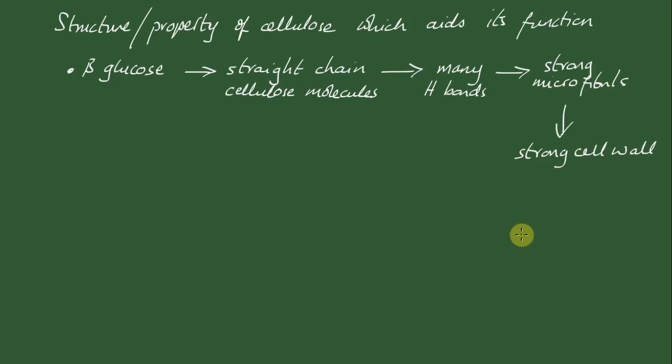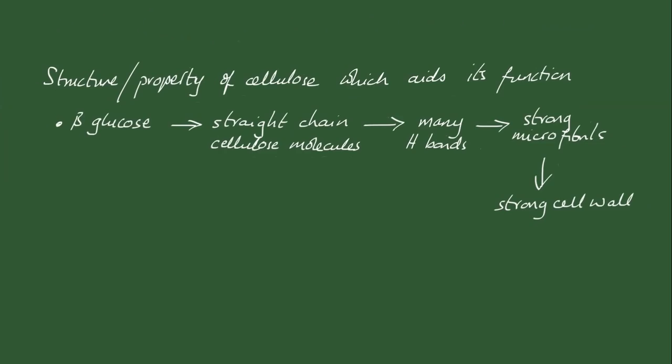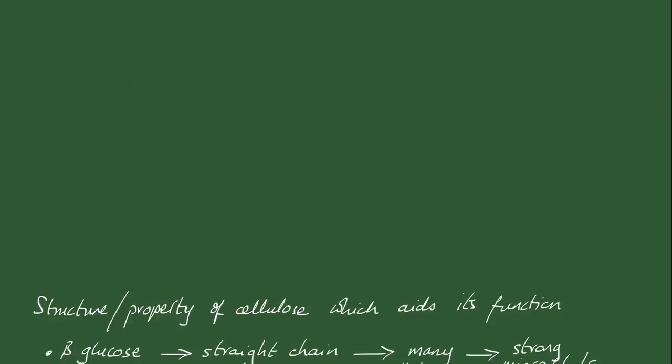If you had to pick one of those things, the strength would be as a result of the many hydrogen bonds. But you can see that it flows sequentially as a result of the beta-glucose molecule being used as the monomer. So, questions that come up.